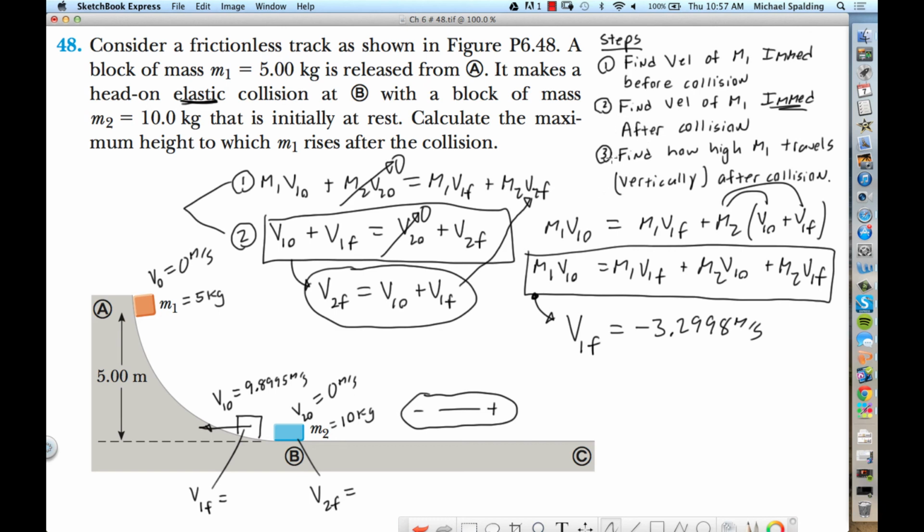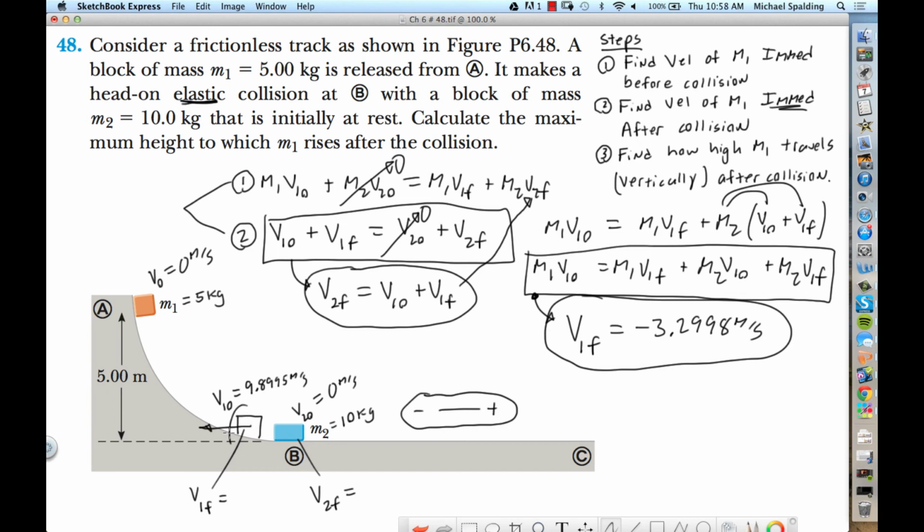So how do you do step 3 here? Conservation of energy, which is fine to use because it's not the collision, right? Actually, you could use conservation of energy in the collision because it's elastic, but anyway, we have the velocity of m1 after the collision.